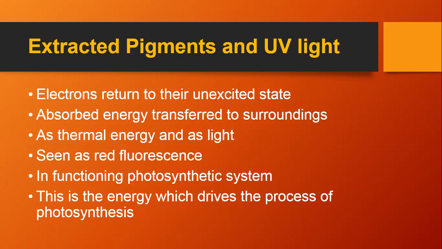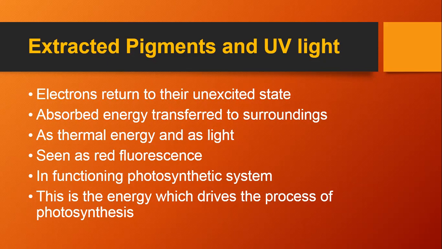And then we said that actually this does not happen. Rather, that excited, emitted electron is captured by an electron acceptor, and then it passes through a series of electron carriers and energy is released, and that energy is used for the synthesis of ATP. And we know that ATP is going to be utilized in the light independent reaction.